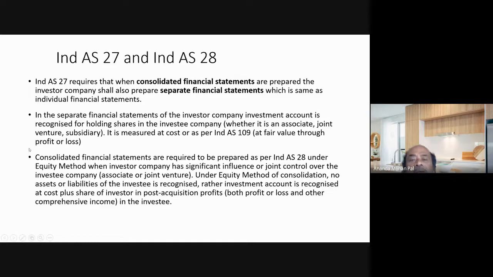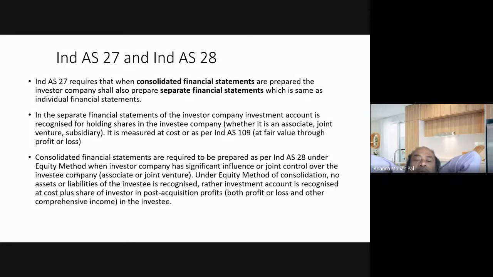In consolidated financial statements for associate and joint venture, they are required to be prepared as per Ind AS 28, and in those cases, the consolidation should be made under the equity method.